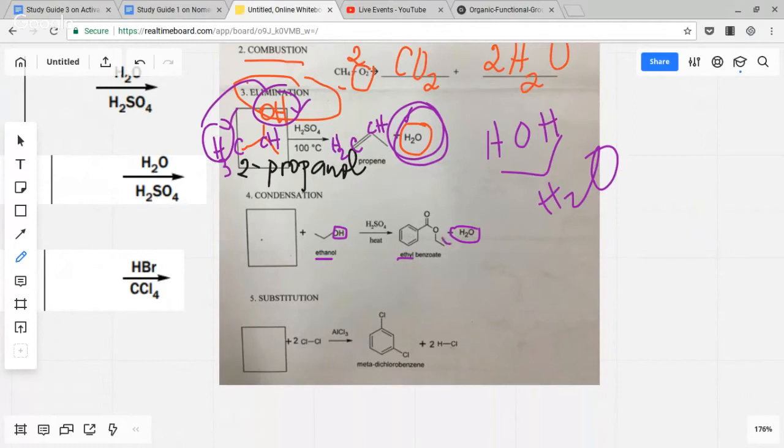So your 2 carbons here, your ethyl, comes from your ethanol. That means whatever is left in your ethyl benzoate is one of your reactants in your condensation reaction. So we've got to draw only what's left, removing the ethyl, because the ethyl comes from ethanol.